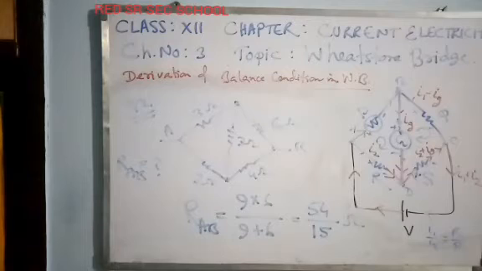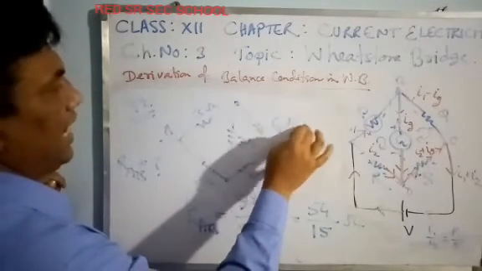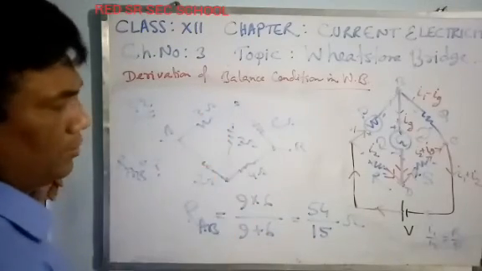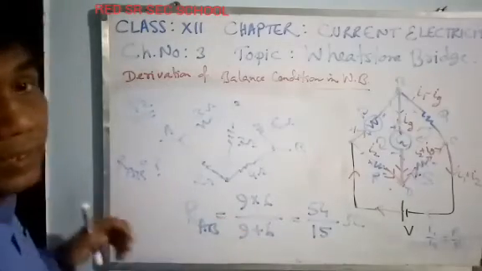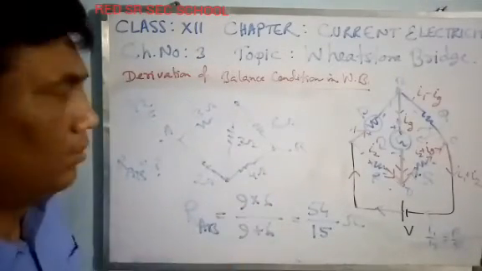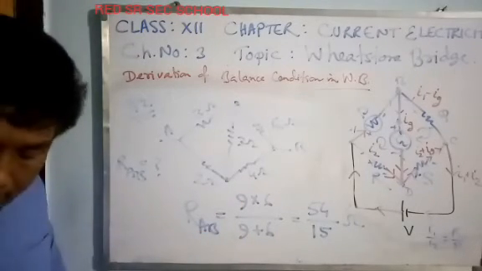So I have applied the balance condition. But remember, if it was not 6, something else, and they are not coming in the ratio P by Q equal to R by S, then you cannot solve it this way. We have to go to another way, applying the general Kirchhoff's law. But this is a technique only, nothing else.